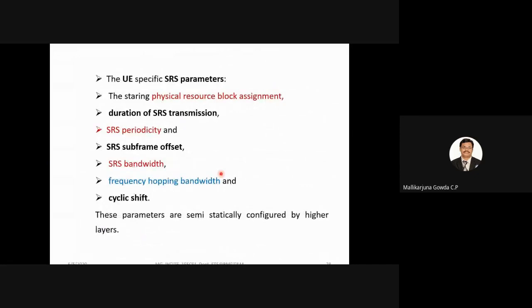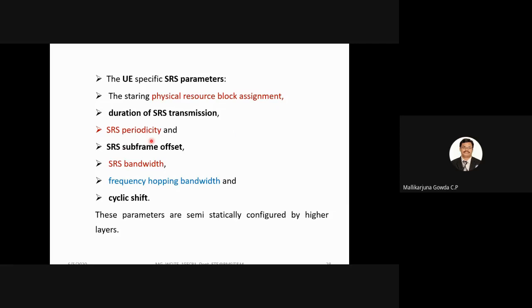The user equipment specific SRS parameters are these: the physical resource block assignment, then the duration of the SRS transmission. Just now I said it will be transmitted every 2 milliseconds, 5 milliseconds, 10 milliseconds, and so on, so there are different periodicity levels.